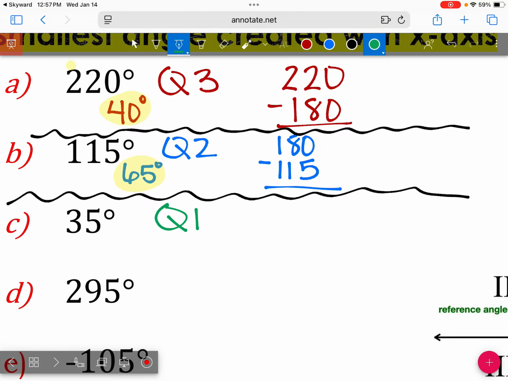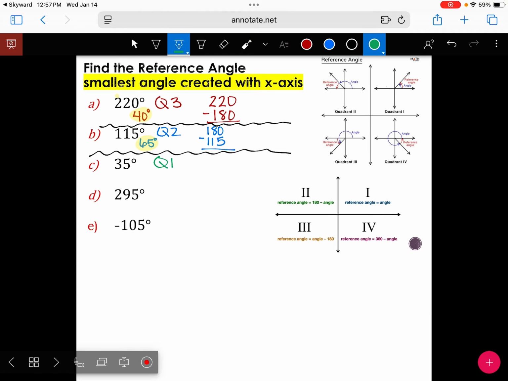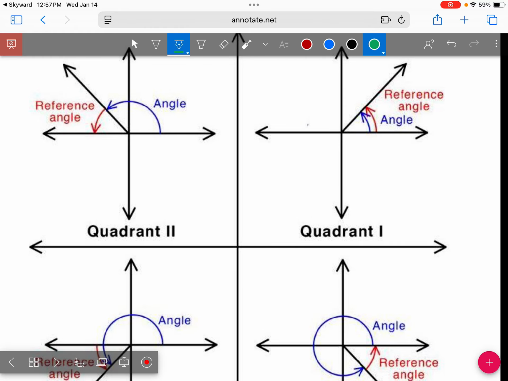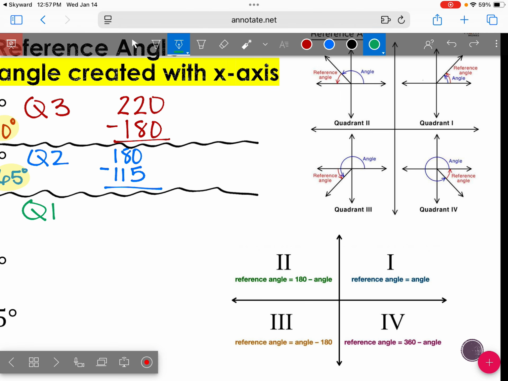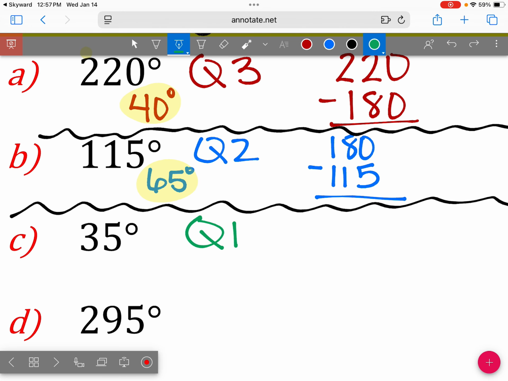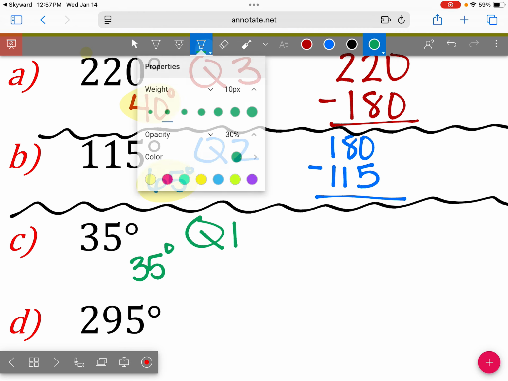So if you look at your two diagrams, we don't have to do any formulas. The angle is the reference angle. All right? So there isn't anything we need to add or subtract. If it's in Q1, that's my answer. So my answer would be 35 degrees. That's my reference angle.